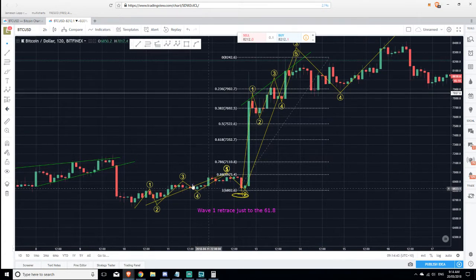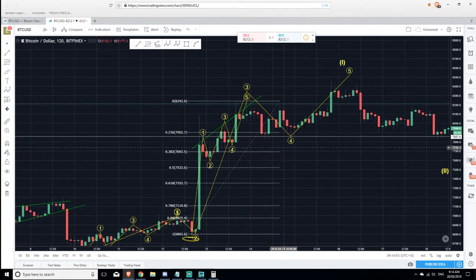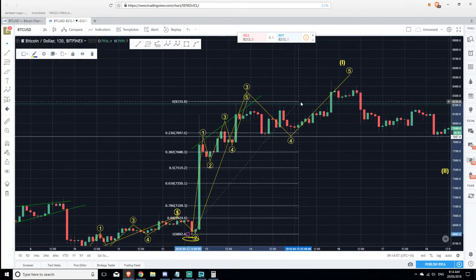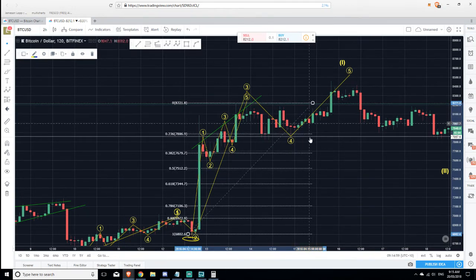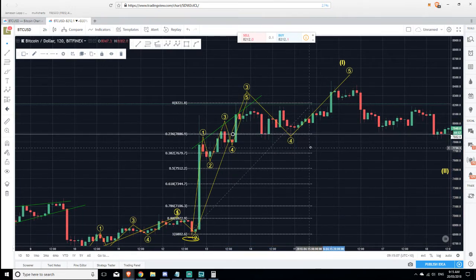But do remember that because the first wave retraced a fair amount, at 0.618 I wasn't looking for a major retrace for this wave. As low as it would go, I thought, was about 7,600. But it was extremely bullish, retraced to 0.236, and bounced off it twice actually.